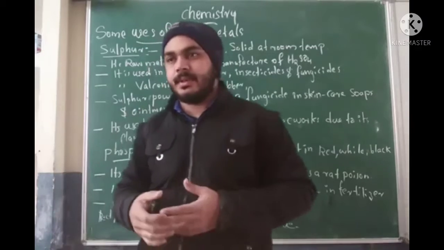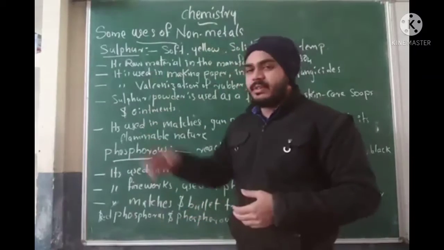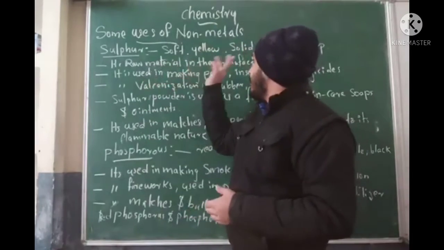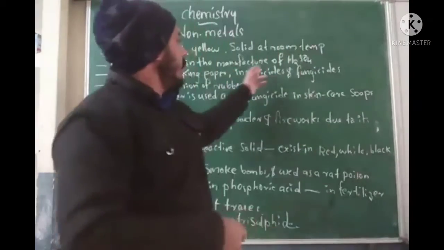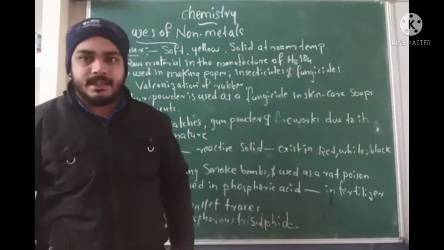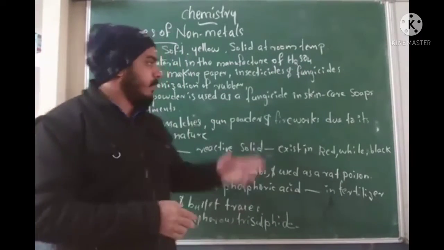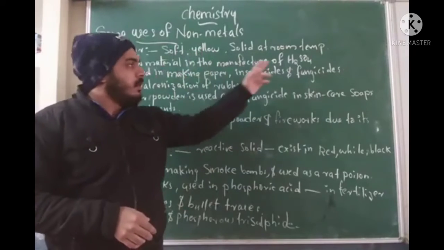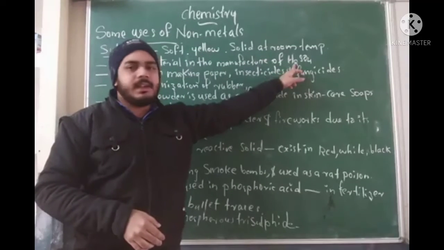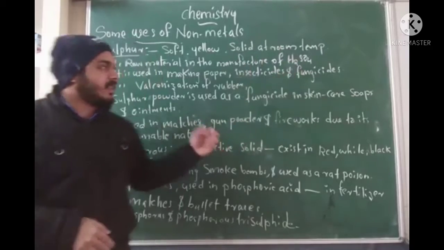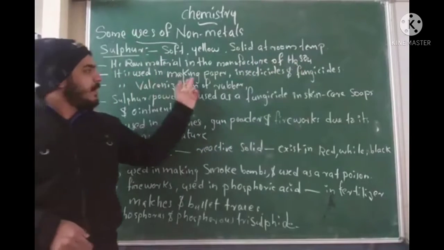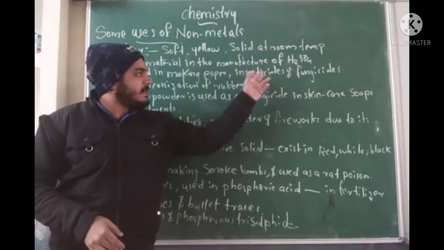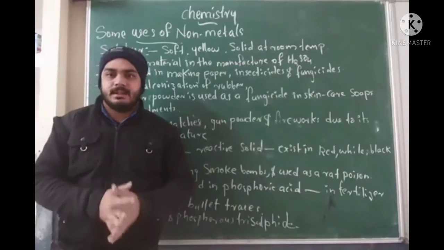And a few uses are here. It is used as a raw material in the manufacturing of sulfuric acid. And next one, it is used in making paper, insecticides and fungicides.